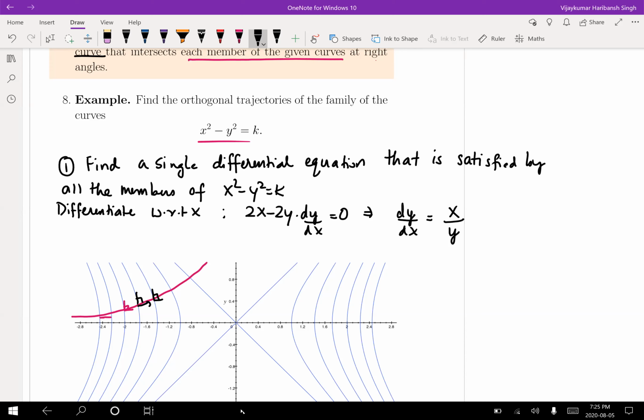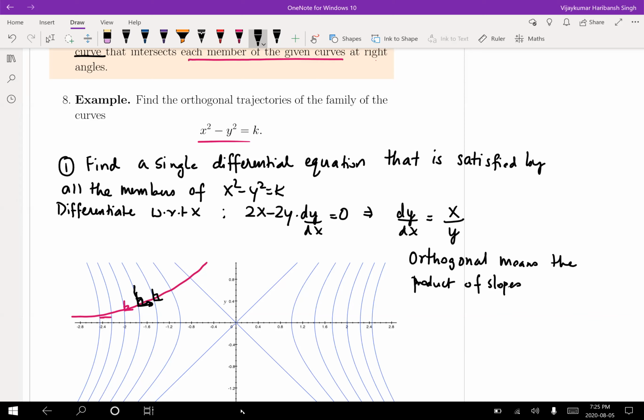Now note that orthogonal means the product of slopes. But lines have slopes, so what do you mean by two curves being orthogonal? What do you mean by the slope of a curve? The slope of the curve is basically the slope of the tangent line to the curve.